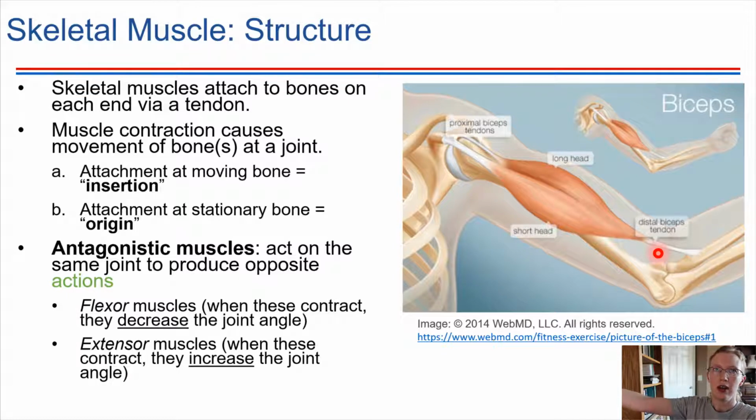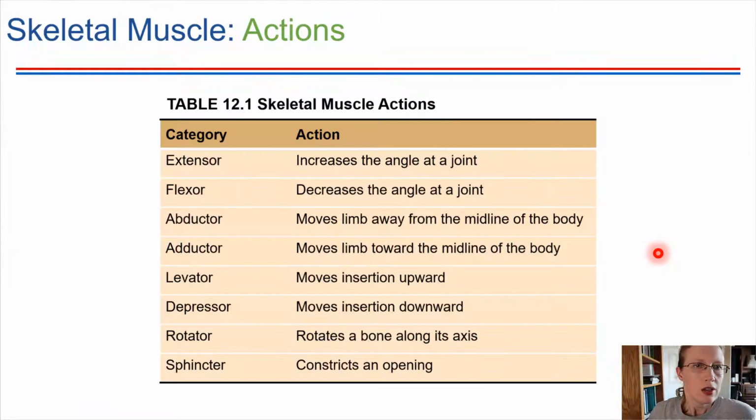Extension is defined by increasing the joint angle. So flexion versus extension all has to do with what's going on at the joint. Different types of skeletal muscle actions are possible, depending on what type of joint is involved and what sort of muscle attachments exist around that joint.